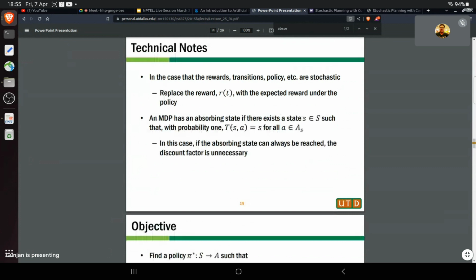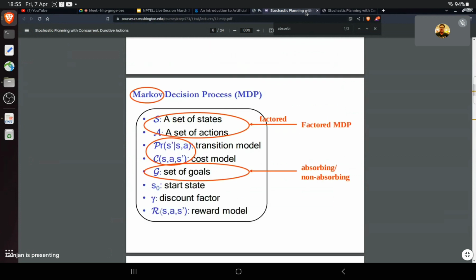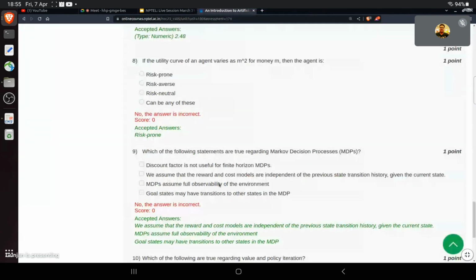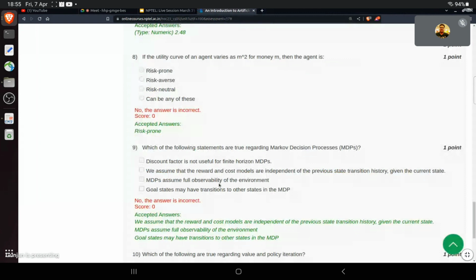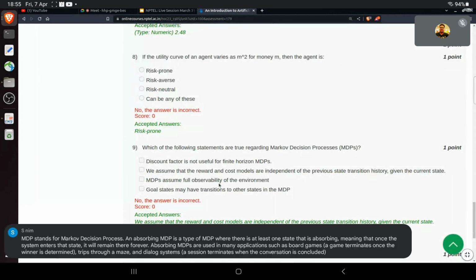An MDP has an absorbing state if there is... But this is again a very gray thing to say. It is explicitly stated here. I will just paste it here. I understand, but absorbing is a property of an MDP, not a state.